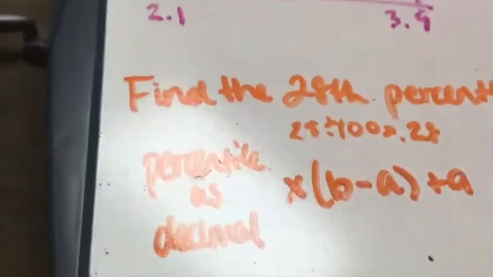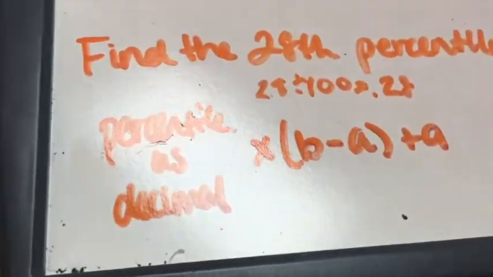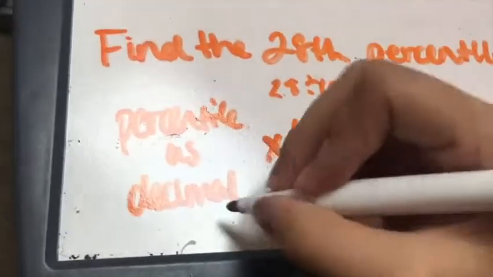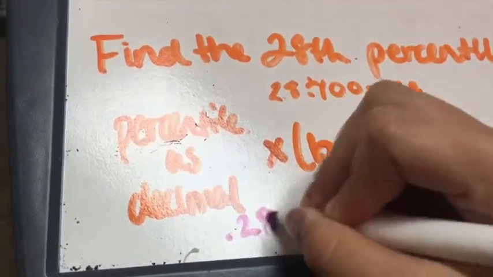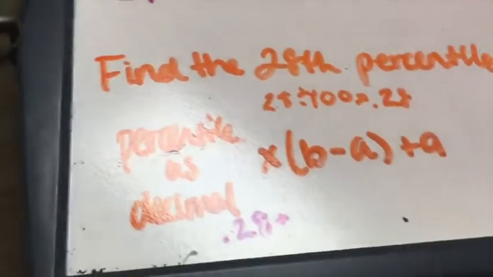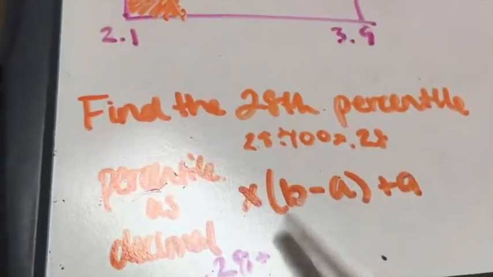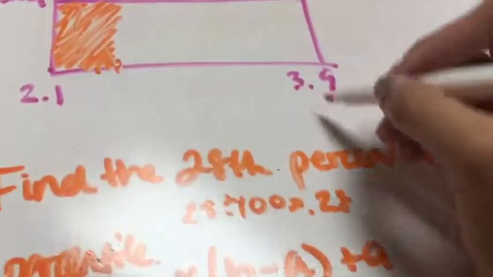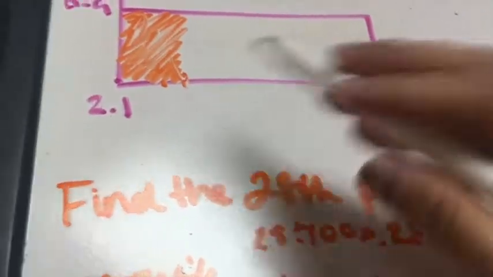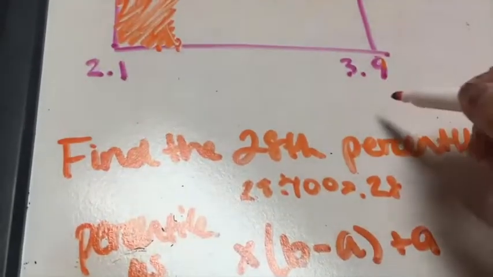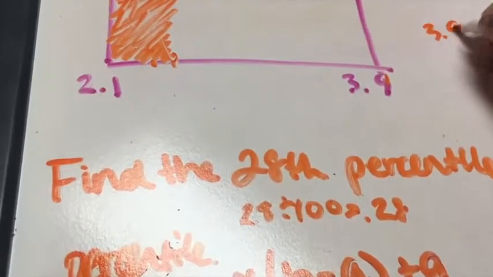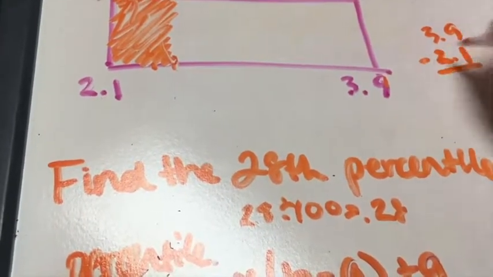So just plugging this in, 0.28 times b minus a. Now I have to find what b minus a is. So my b is 3.9 and my a is 2.1. So 3.9 minus 2.1 is 1.8.